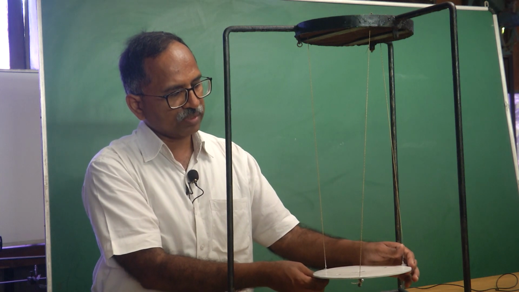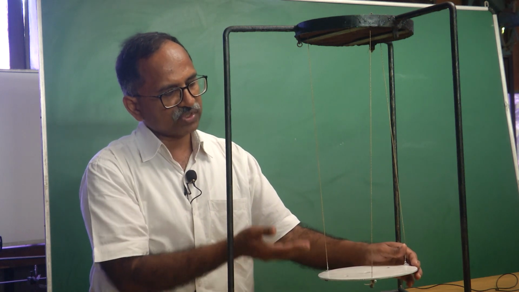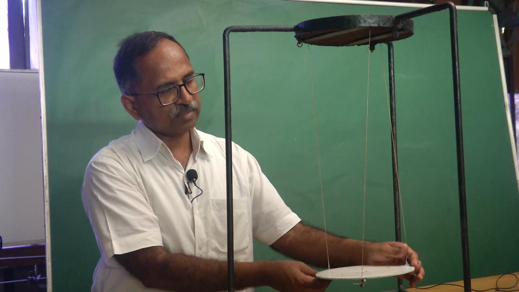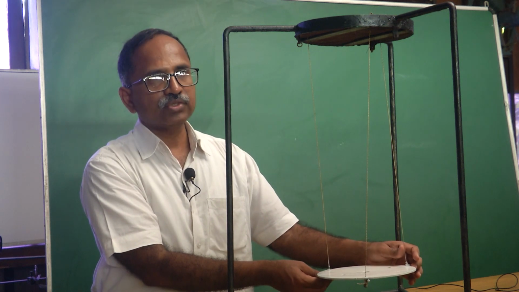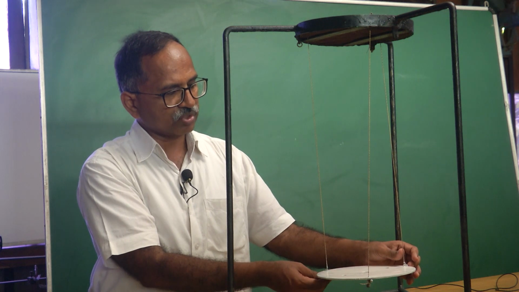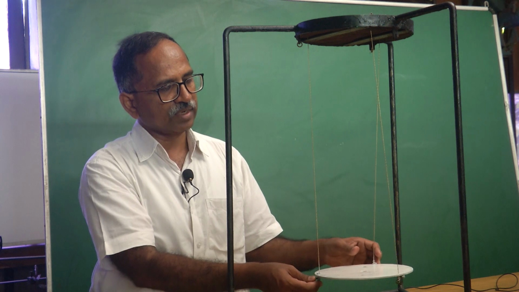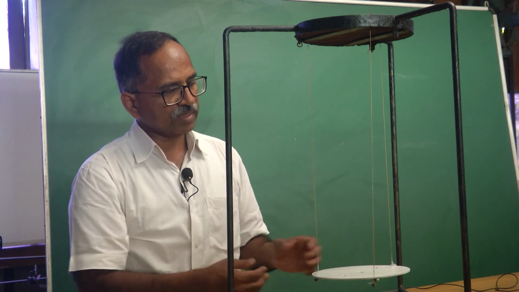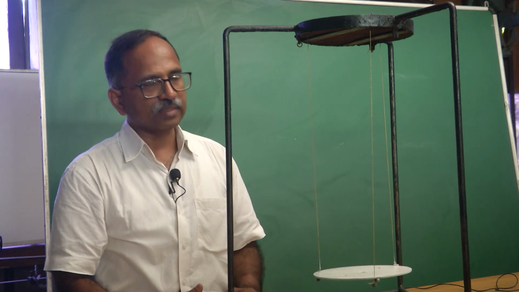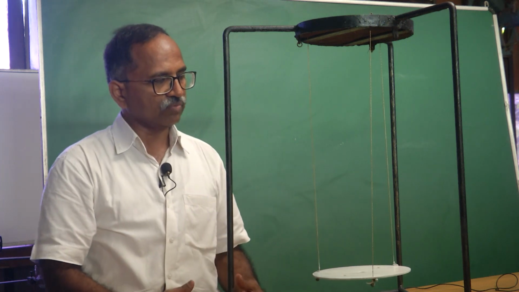That is how on the other side again the plate moves up by some height, gains potential energy, and kinetic energy goes to 0 at its extreme position. This kind of interchange between the potential energy and kinetic energy keeps on happening, and that is how the plate swings back and forth.